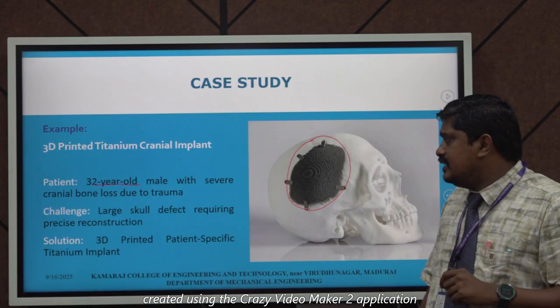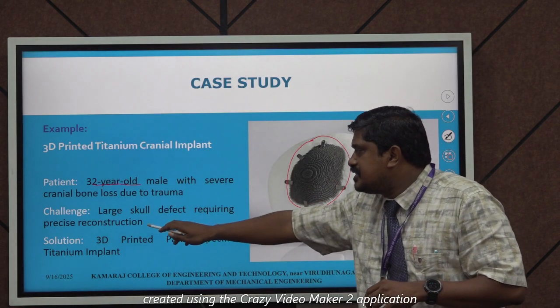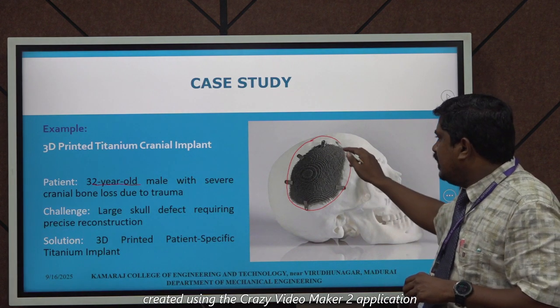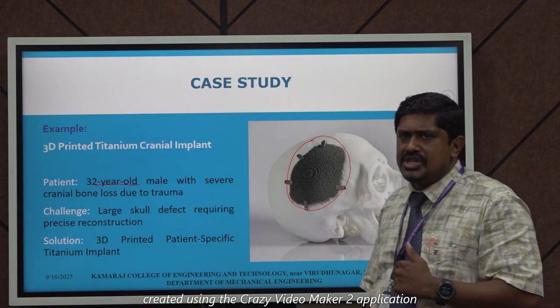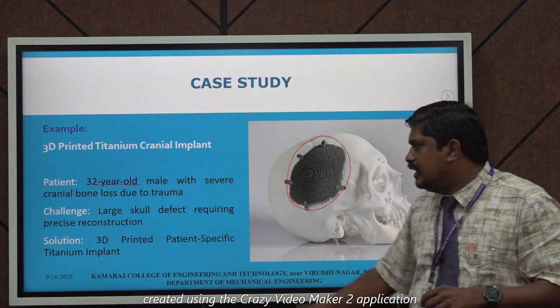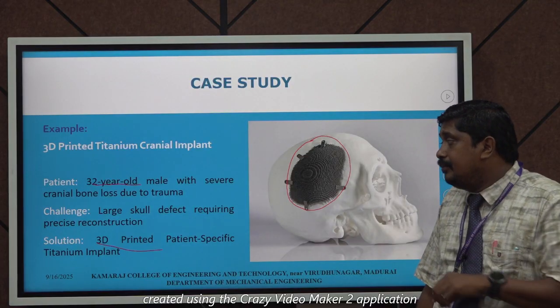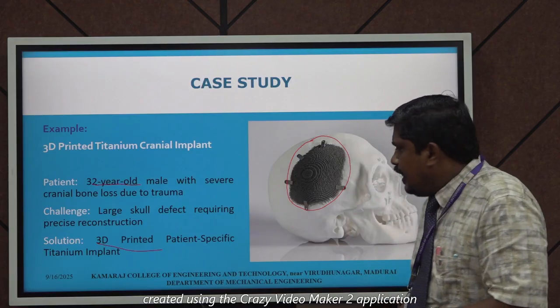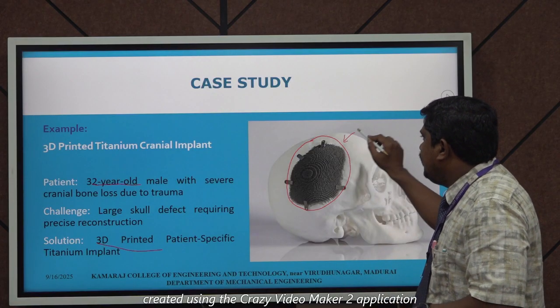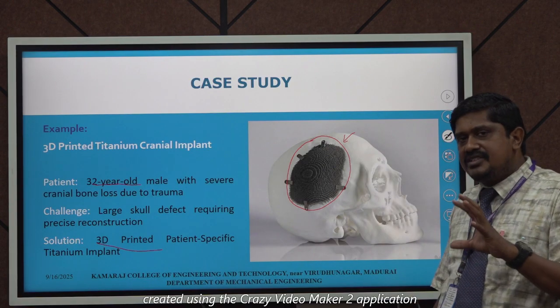And what are the challenges in this operation? A large skull defect, and precision reconstruction is required, more precision is required. And what is the solution? The only solution is a 3D printed patient specific titanium alloy implant, and this is what we are going to do in the final stage. This is a real time case study.